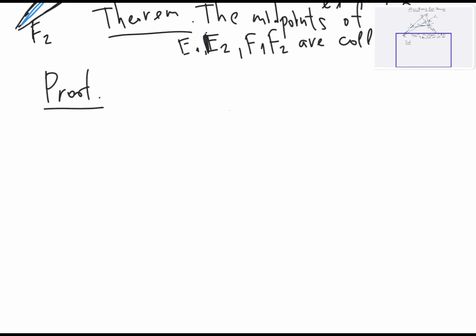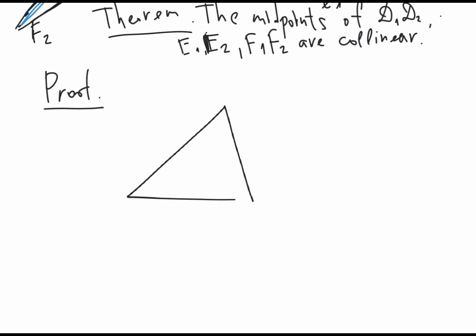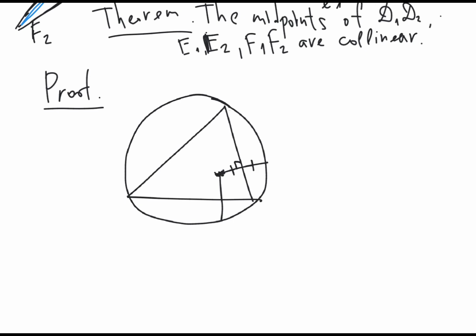We have a triangle, and we have the circumcircle, and we have the orthocenter here. Then the reflections of this orthocenter with respect to the sides lie on the circumcircle. So that is one theorem that I will use.